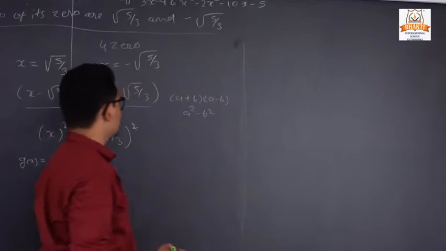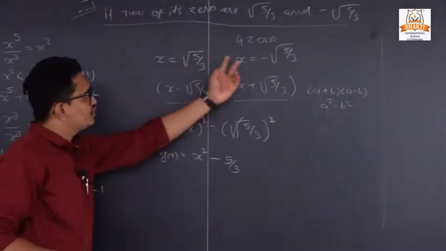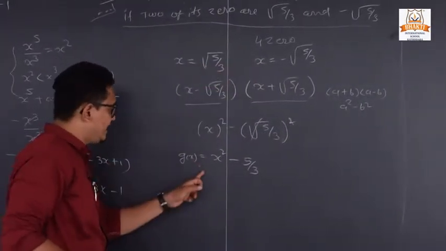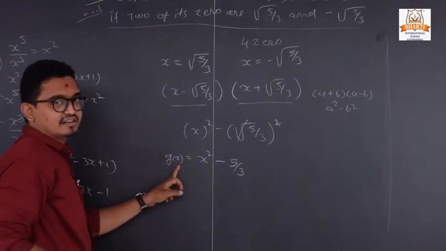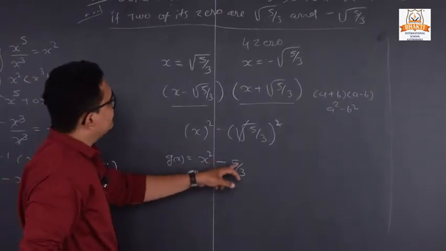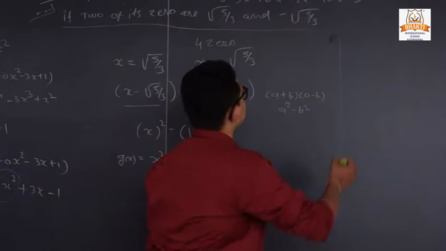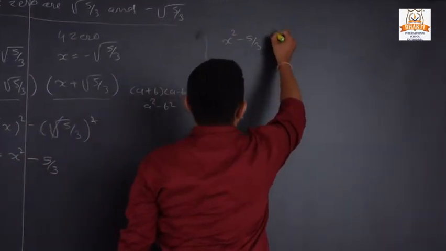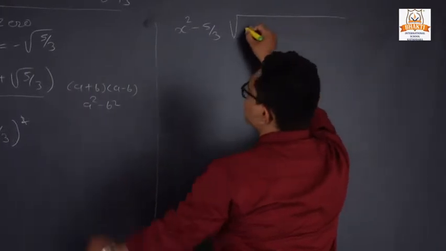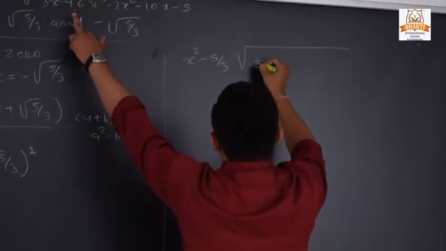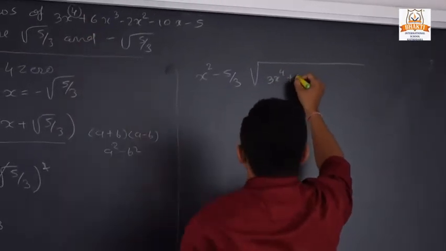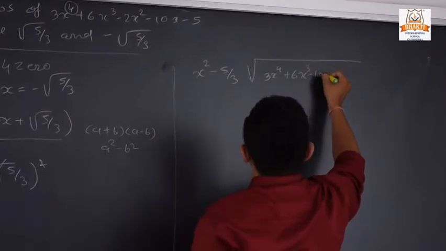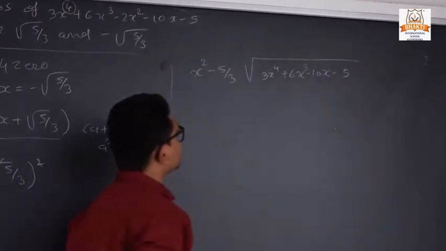So in the second portion, first of all, from the two zeros we get our divisor, and with that divisor we divide the dividend. So x² − 5/3 divides 3x⁴ − 6x³ − 2x² + 10x − 5.